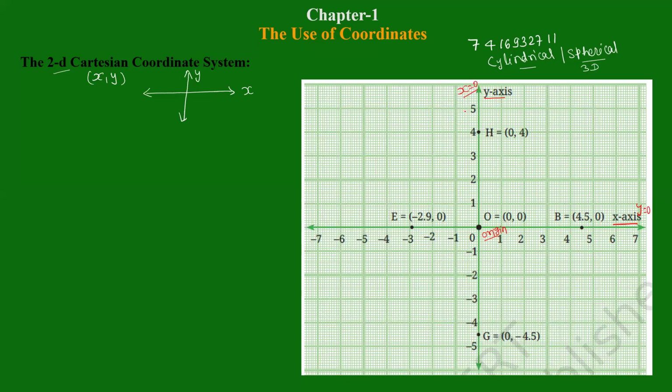Any point, like the point B written here on the x-axis, is at a distance of 4.5 on the x-axis, but y is 0.